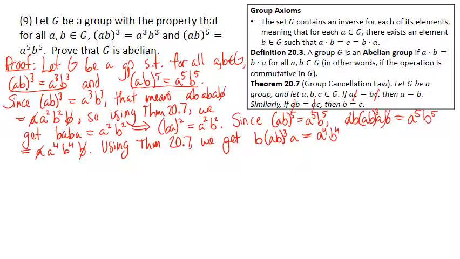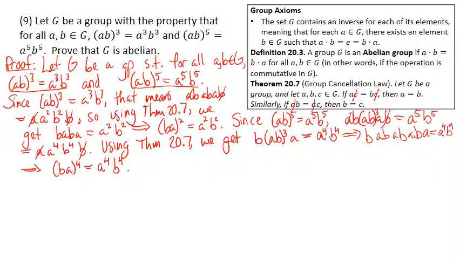And now I think I actually want to write out that left-hand side a little more fully. So this is going to be b, ab, ab, ab, and then another a, and that equals a to the fourth, b to the fourth. The reason is because I wanted to write the left-hand side as (ba) to the fourth. So (ba) to the fourth equals a to the fourth, b to the fourth.